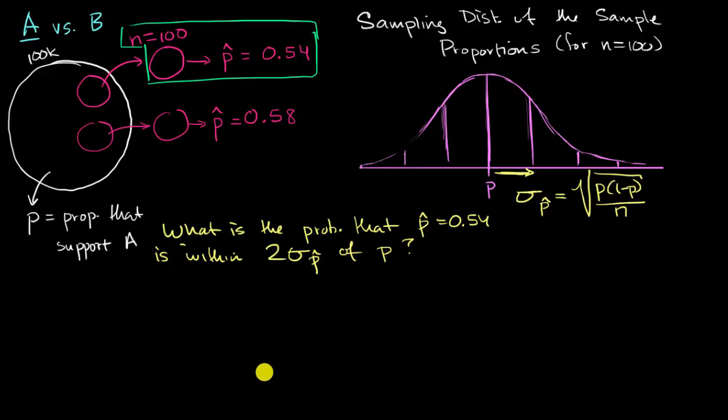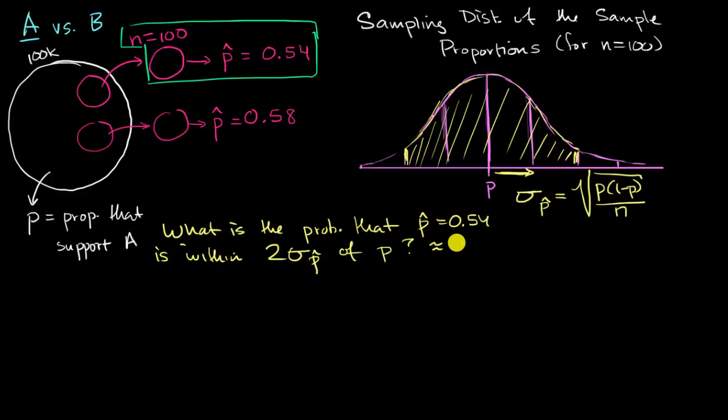Pause the video and think about that. Well, that's just saying, look, if I'm going to take a sample and calculate the sample proportion right over here, what's the probability that I'm within 2 standard deviations of the mean? Well, that's essentially going to be this area right over here. And we know from studying normal curves that approximately 95% of the area is within 2 standard deviations.